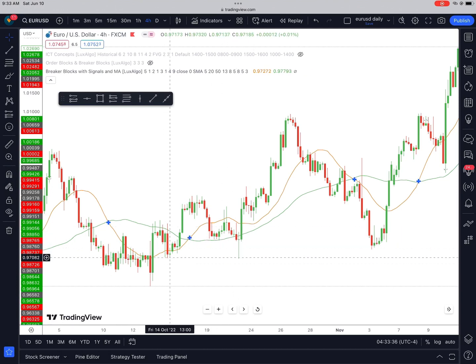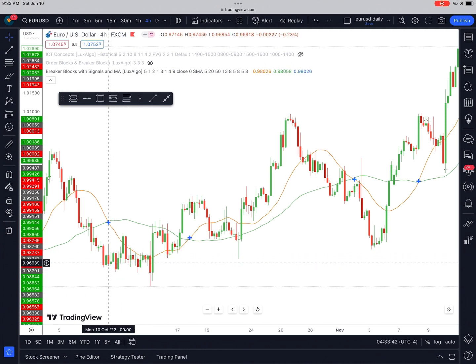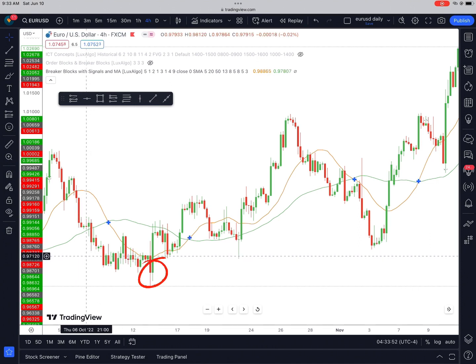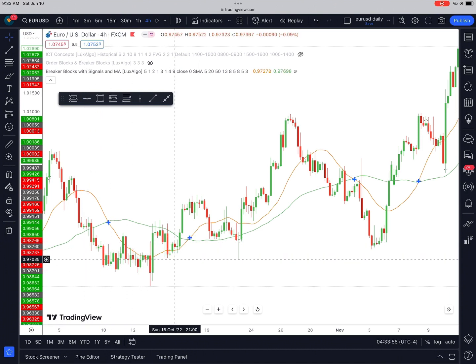So here you have your price selling, and then you have this big red candle, and then all of a sudden you get this sharp buy up, right? So it's basically market structure.